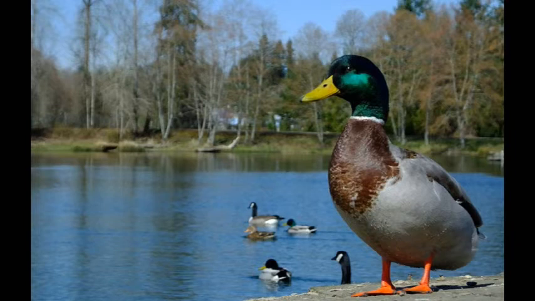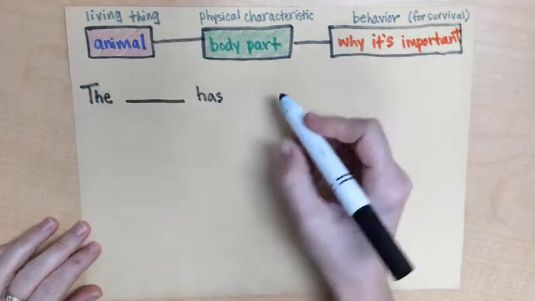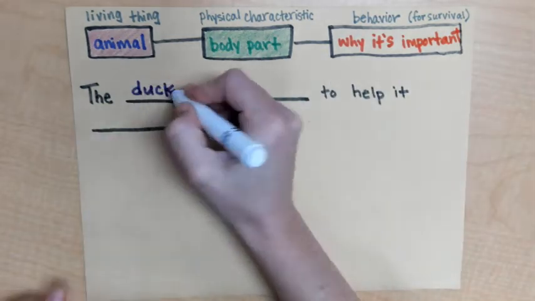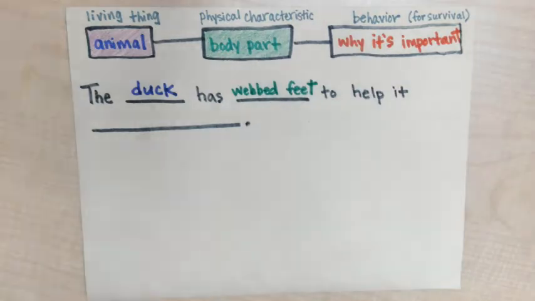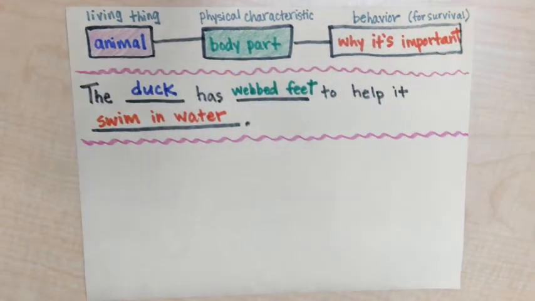Because a duck lives on water and land, it needs to be able to swim pretty well in water. So having webbed feet helps that duck swim best. So our sentence will read, the duck has webbed feet to help it swim in water. The purple word duck is my animal. The green word webbed feet is my body part. And the orange words are my behavior, swim in water.